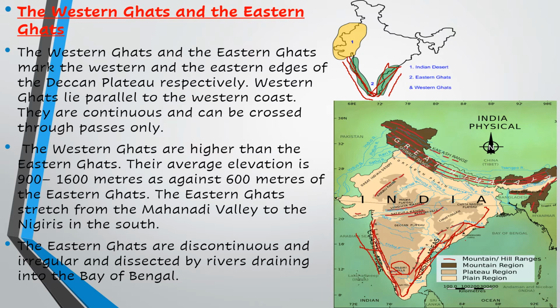The Eastern Ghats are discontinuous and irregular. The shape is not constant, irregular, and dissected by rivers. Dissected means divided by rivers draining into the Bay of Bengal. Why are the Eastern Ghats discontinuous? Because of many rivers draining into the Bay of Bengal. Clear children? Let us slide ahead.